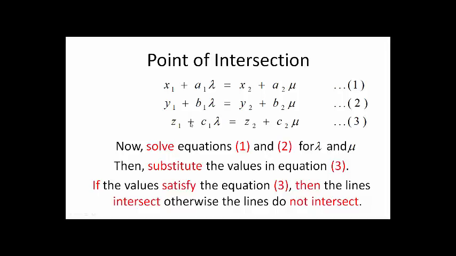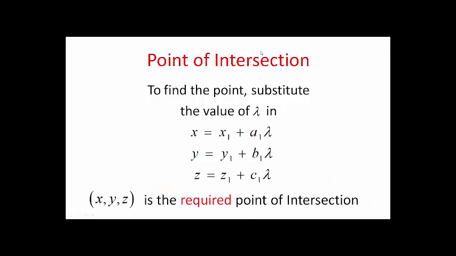That means whether the left hand side is equal to the right hand side or not. If the values satisfy equation 3, then the lines intersect. Otherwise, the lines will not intersect.